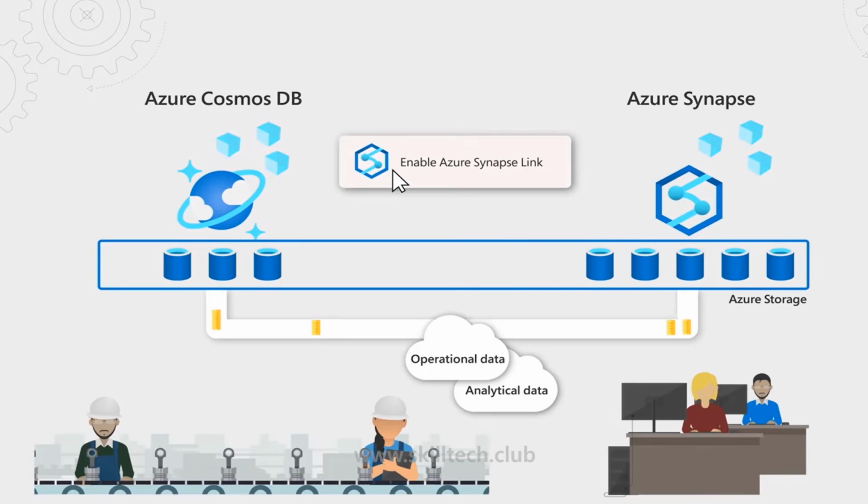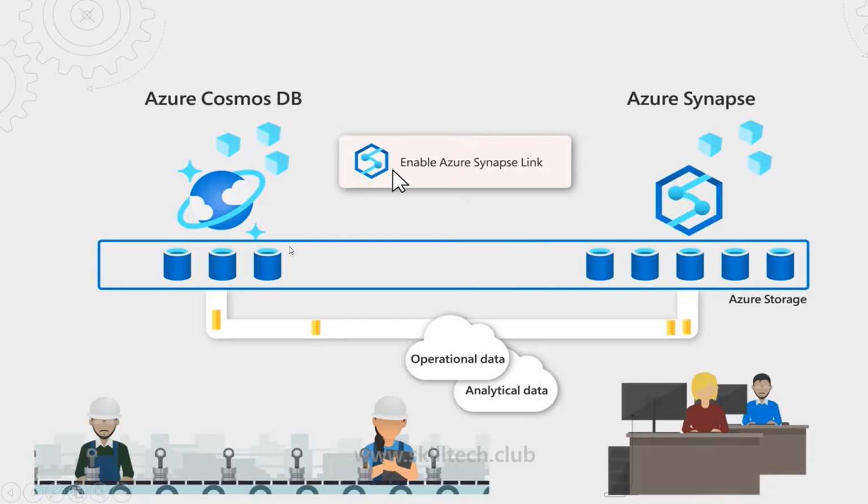Now what this is actually doing is creating an analytical store for my data which is there in Cosmos DB. So whatever data you have in your Cosmos DB is going to be replicated and stored inside this analytical store in Azure Synapse. The linking between these two is going to enable this seamless integration, which happens in almost near real time.